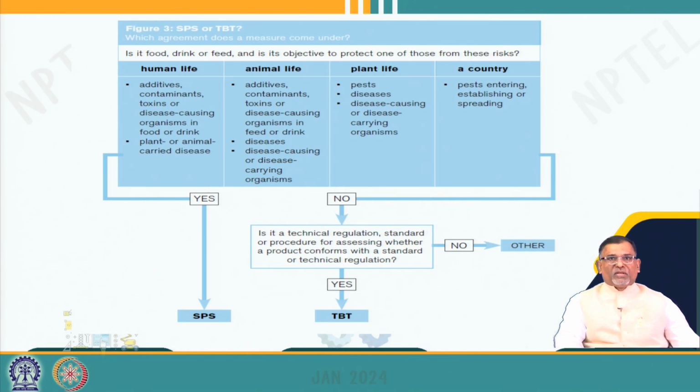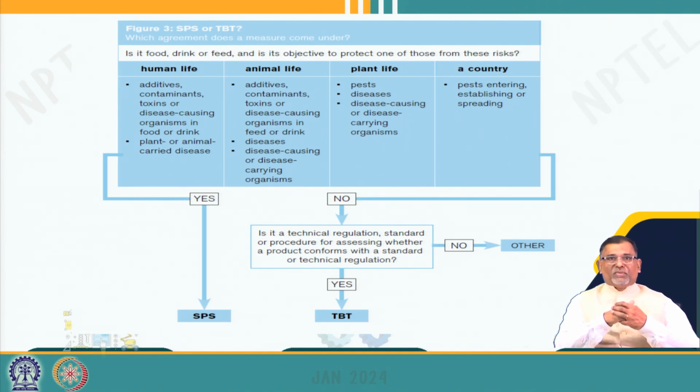So, here we were talking about whether it is an SPS measure or a TBT measure. If you take food, drink, feed and its objectives, one is human life, affecting human life. So, additives, contaminants, toxins, disease causing organisms for food, drink, plant or animal carry diseases, these are SPS measures.